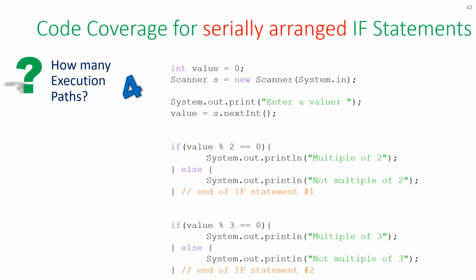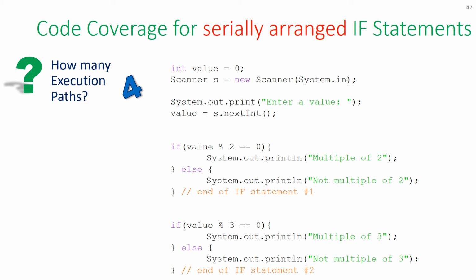And then regardless of which one I executed, I come here, and if this is true again, then I execute that line, but not that line. So that's one execution path: display multiple of 2 on the screen, then display multiple of 3, and the program ends. That's one possible way to run it, but there are 4 total ways. The only thing about 4 is that there are 2 ways to come up with 4. You can say there are 2 possibilities here, there are 2 possibilities here, 2 plus 2 equals 4, we're good.